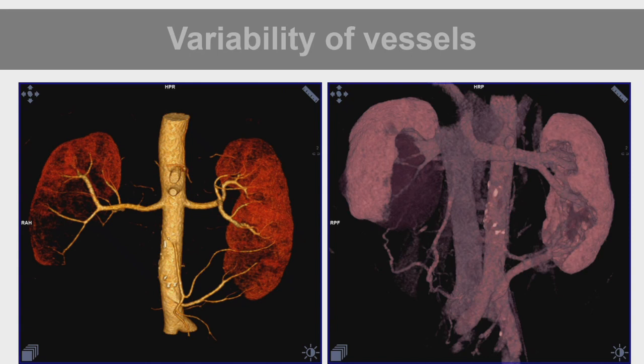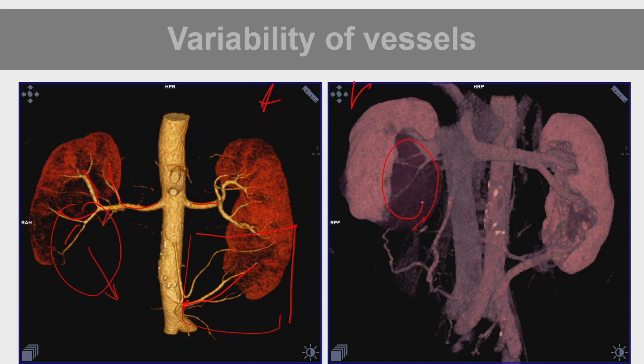So here you can see the CT angiography. Those are arteries and veins before surgery. And here you can see that the patient has a duplicated kidney, and one artery is arising from the distal abdominal aorta, one here, and also here you can see branching of arteries, and here is a cyst which was compressing the pelvis.